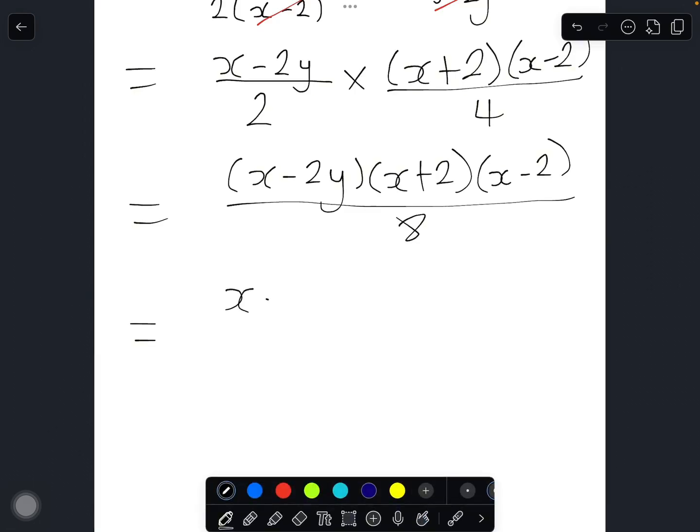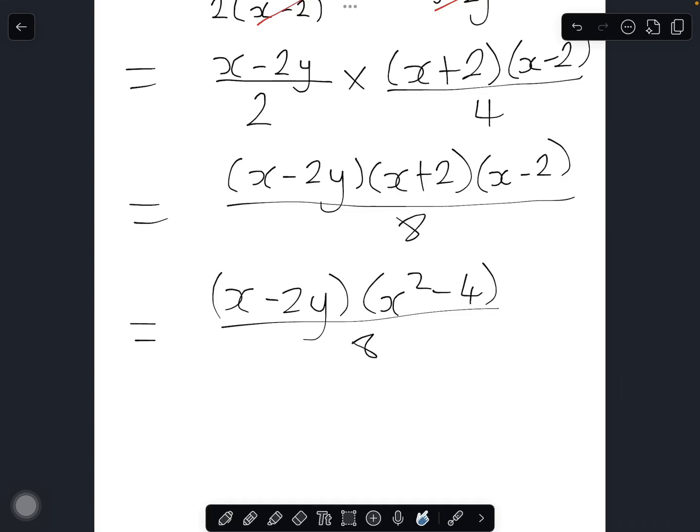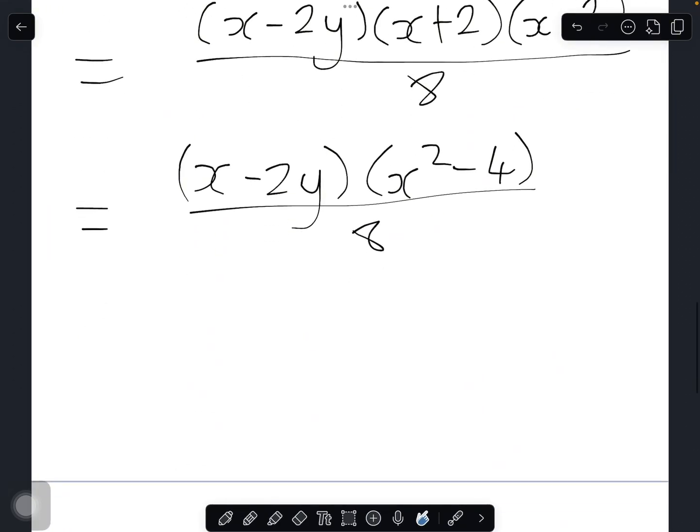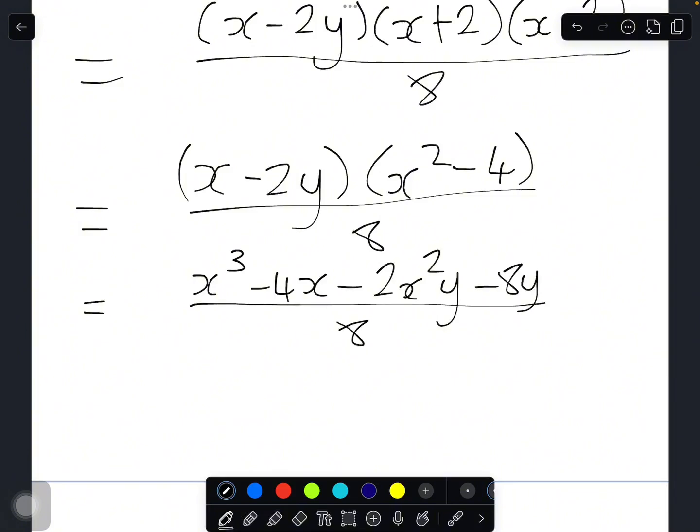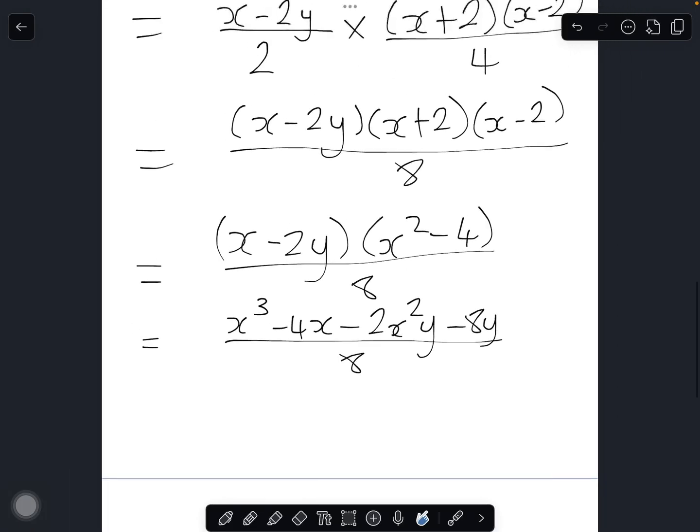So I'll get x minus 2y into x squared minus 4 all over 8. And then I get my final answer, which will now be x to the power 3 minus 4x minus 2x squared y minus 8y all over 8. And this cannot be simplified any further. So this would be our final answer.